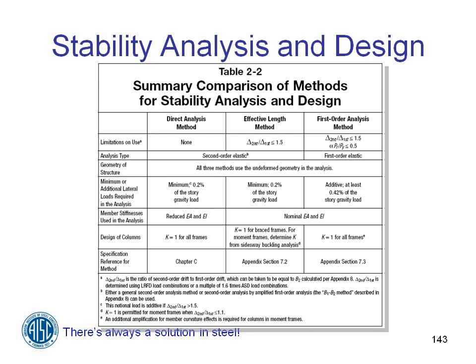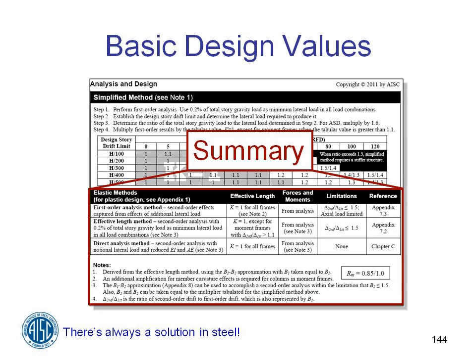Another place to look is on what we call the basic design value cards. Now the basic design value cards came about with the 2005 specification. And there were 2 versions of those cards. And now there is a third version for the 2010 specification.